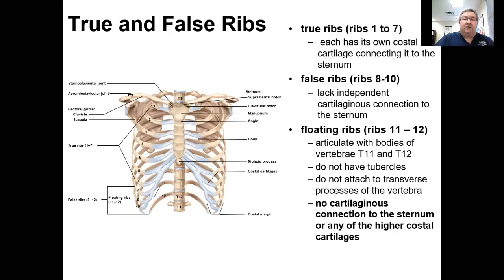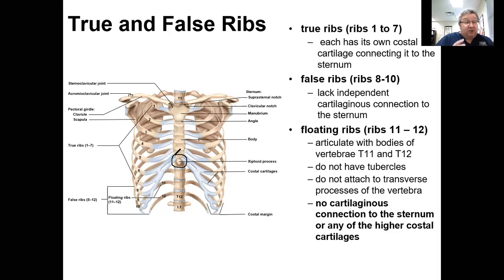The true ribs are ribs 1 through 7, and these first 7 ribs attach directly to the sternum. That's why they're called true ribs. We have 3 false ribs, ribs 8 through 10. If you look at the bottom of this picture here, give me a second, let me get my pencil. This area right here, there's basically one cartilage for these 3 ribs.